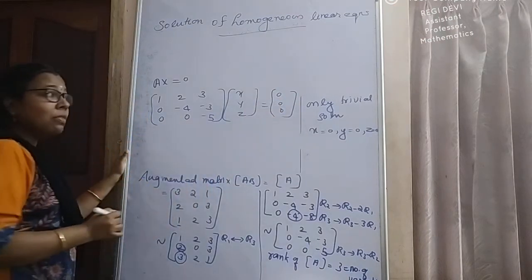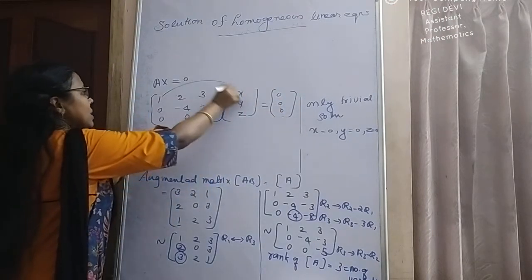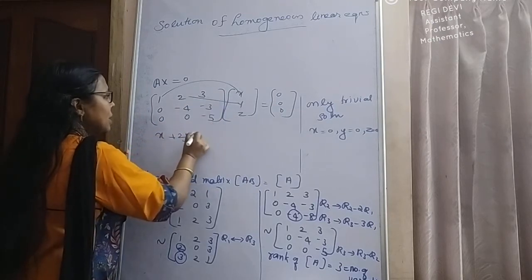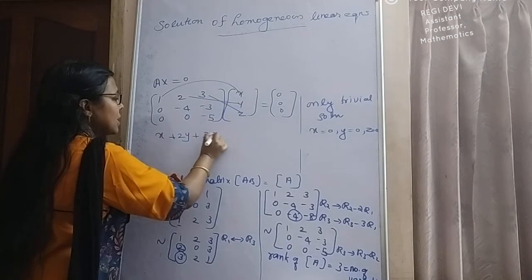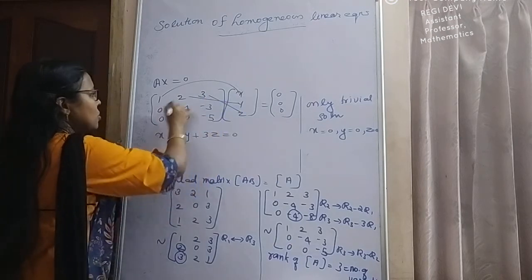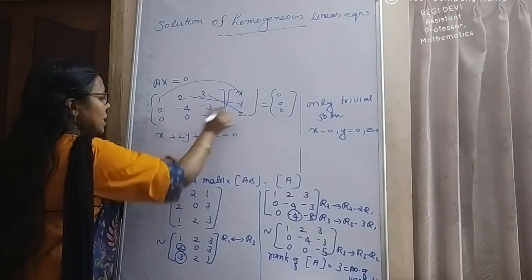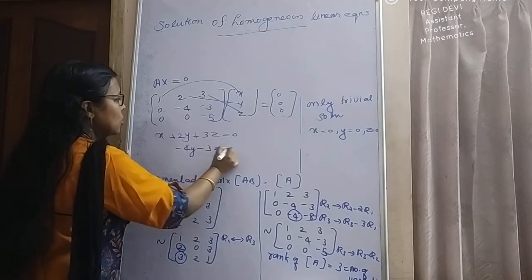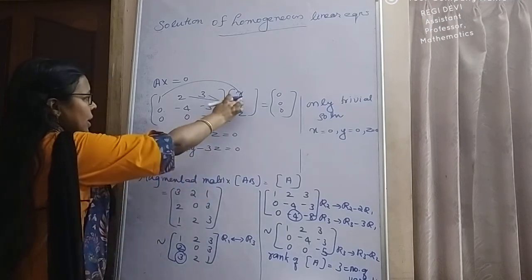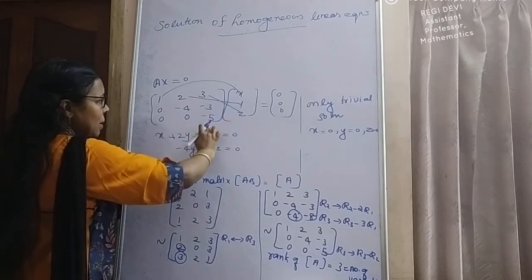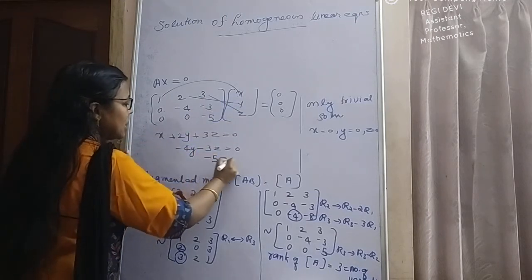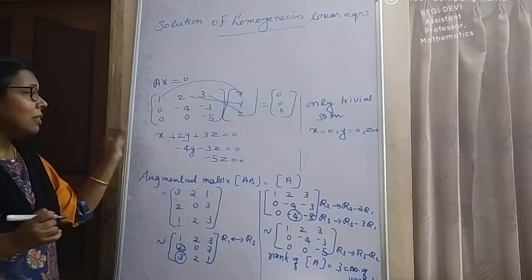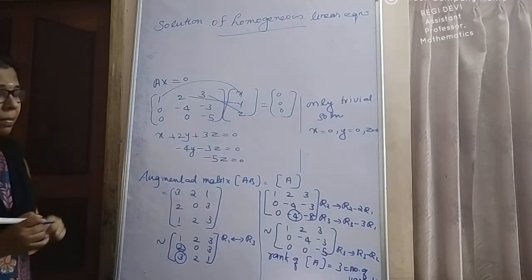On multiplication we get 3 equations: x plus 2y plus 3z equal to 0, also 0x minus 4y minus 3z equal to 0, then 0x plus 0y minus 5z equal to 0. By back substitution, we get the values of x, y and z.